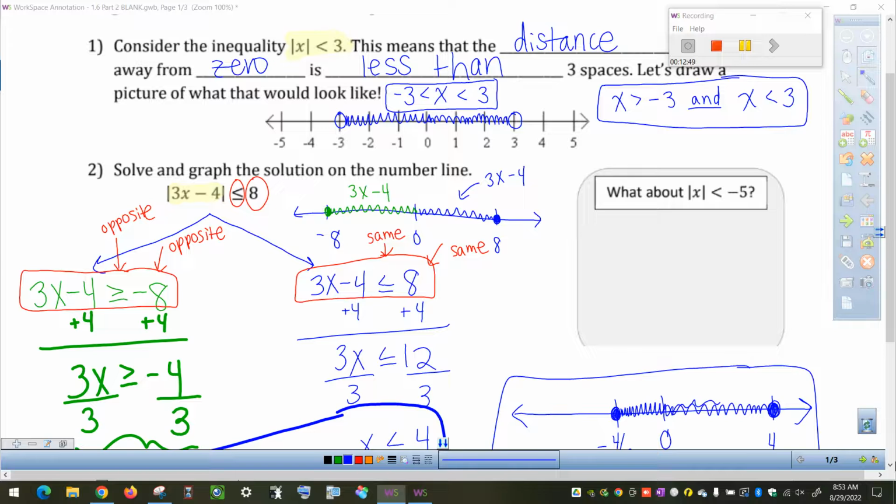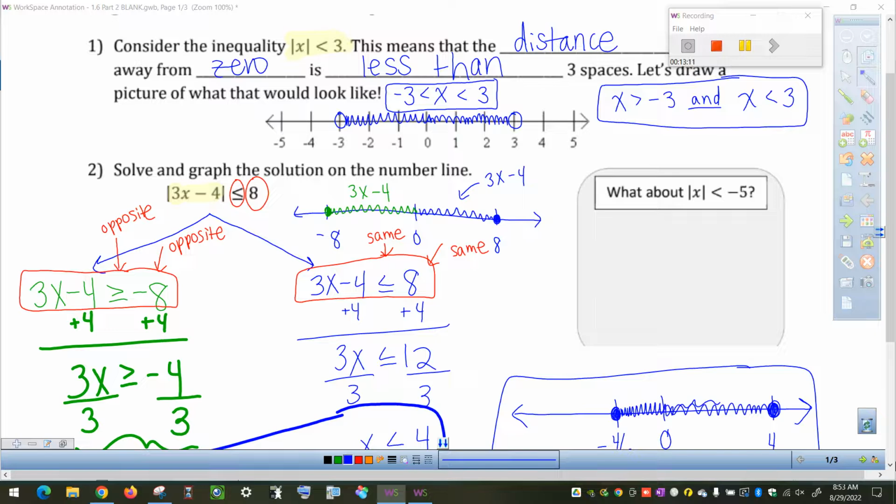Well, let's think about what that would be if we were dealing with an inequality symbol, like a less than sign. So the situation we have here is we have the absolute value of something less than negative 5. Well, remember that absolute value means the distance that something is away from 0.